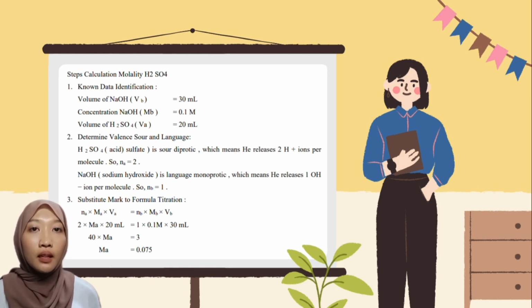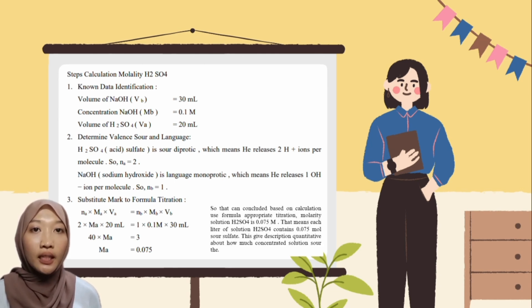So Ma equals 0.075. So based on the calculation using the titration formula, the molarity of the H2SO4 solution is 0.075 M. That means each liter of H2SO4 solution contains 0.075 mole of sulfuric acid.